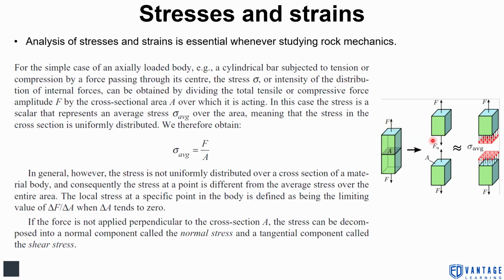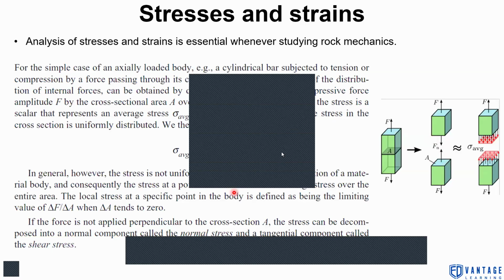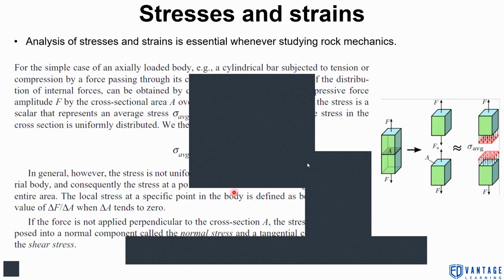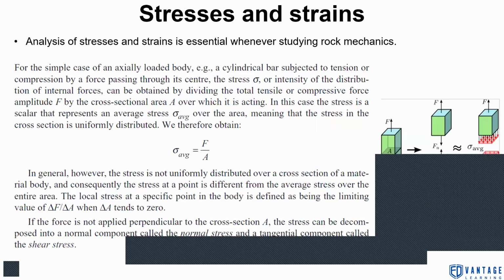cross-sectional area. If you see the second image, when you apply tensile force or tension, there is one normal force applying on the internal part of the body where the failure has taken place.